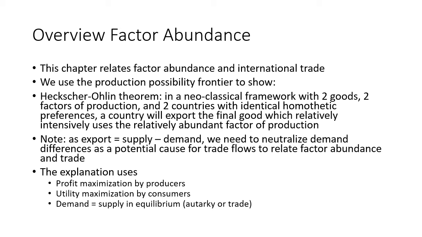Then we're going to do our explanations using profit maximization by producers and utility maximization by consumers, which you would cover in micro. You would cover that in third year micro, and possibly in second year micro, if I'm not mistaken, but mostly third year. You'll cover this at an honours level.